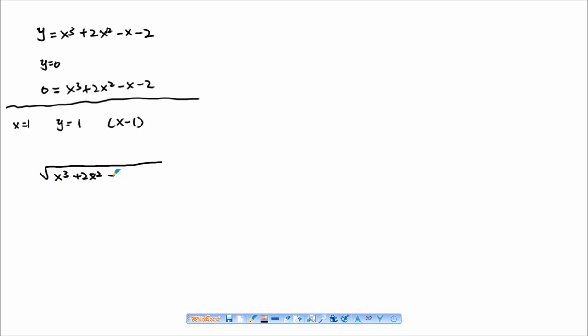This is covered in the cubic function tutorial or polynomial function tutorial. If you have trouble with that, you have to go back and do it again.